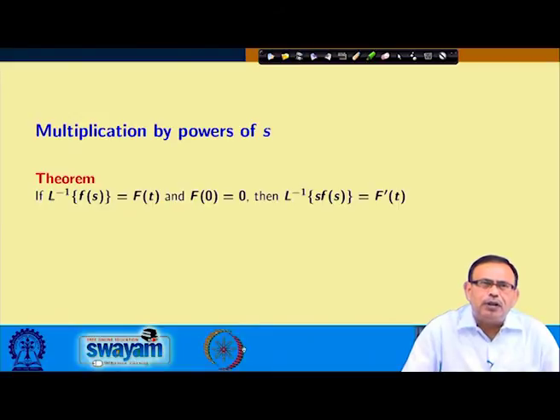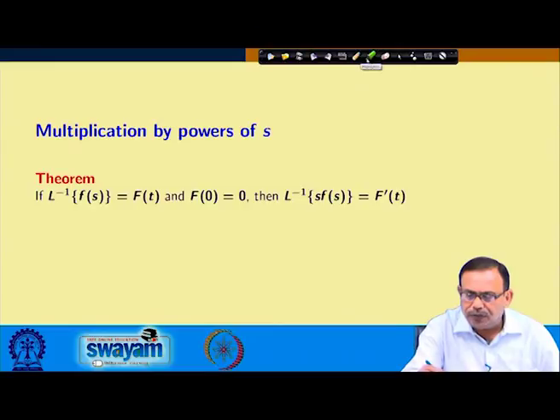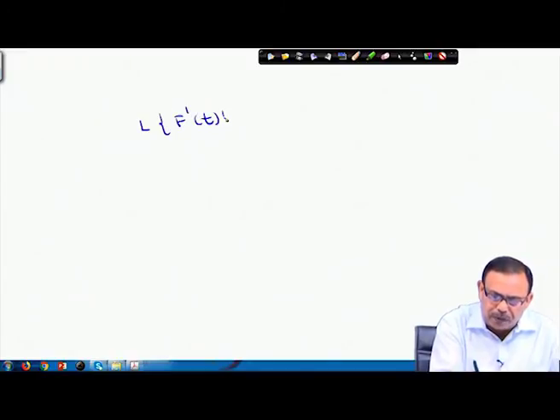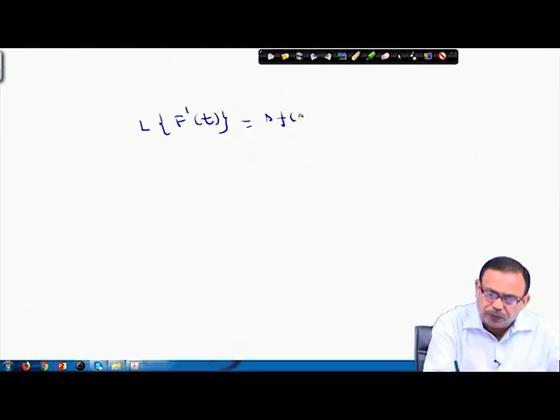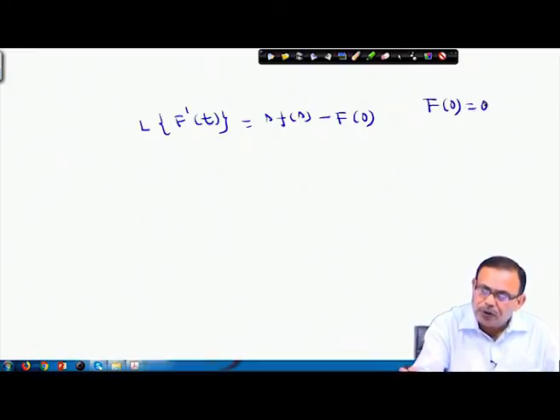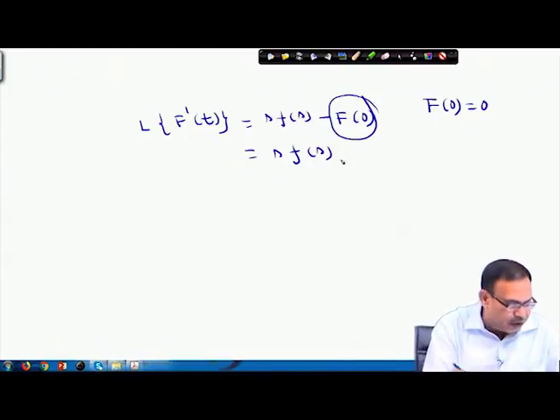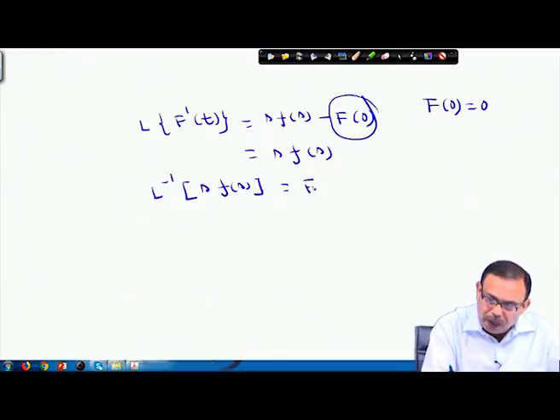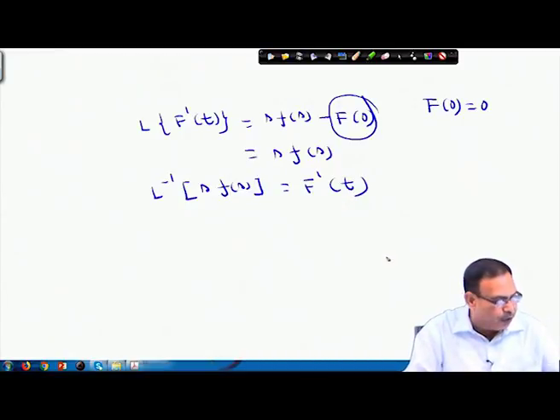If the Laplace inverse of F(s) equals f(t) and f(0) equals 0, then the Laplace inverse of s F(s), if you are multiplying the function F(s) by s, will become the derivative of the function, that is f'(t). Again we are just using the properties of Laplace transform: the transform of f'(t) is s F(s) minus f(0), and it is given that f(0) is equal to 0, so this part is 0 and it becomes s F(s). So the Laplace inverse of s F(s) is f'(t). This completes the proof of this particular theorem.